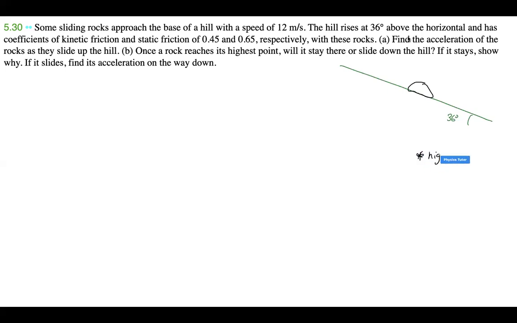This diagram is at the highest point. Nothing really changes in terms of how we set up the problem last time. We still have gravity pointing downwards. That didn't change. Normal force is still going to be perpendicular to the surface the object is in contact with.